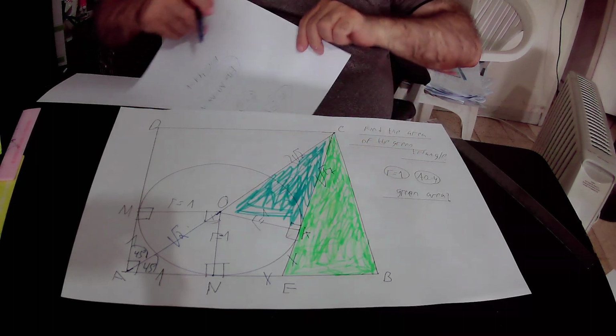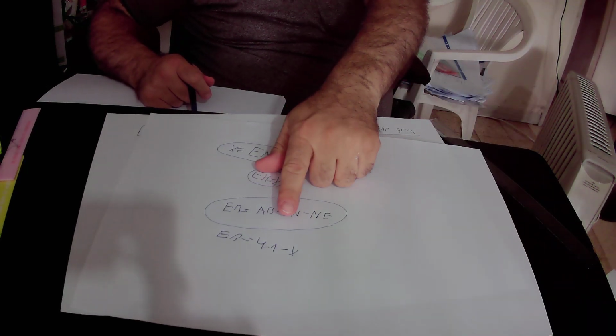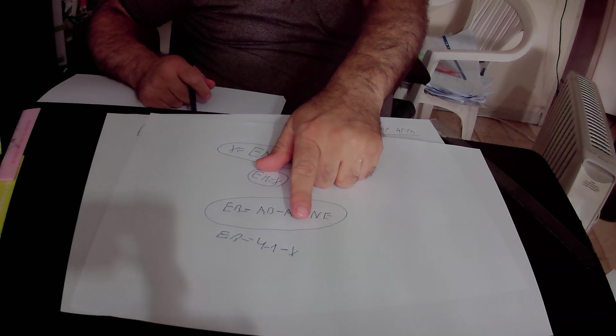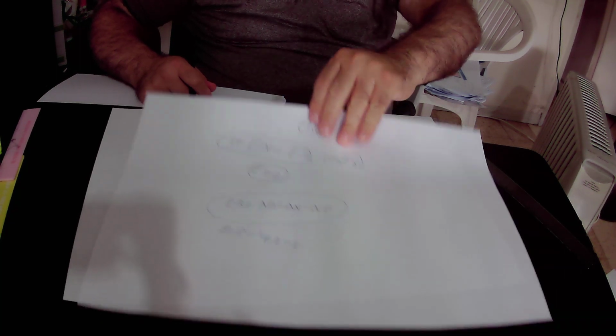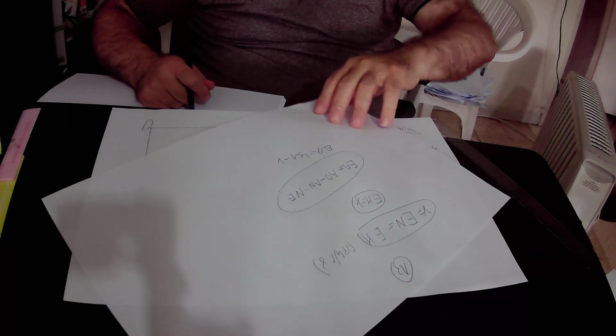So in conclusion, we found out that EB equals 4 minus 1 minus X, that is to say EB equals 3 minus X.